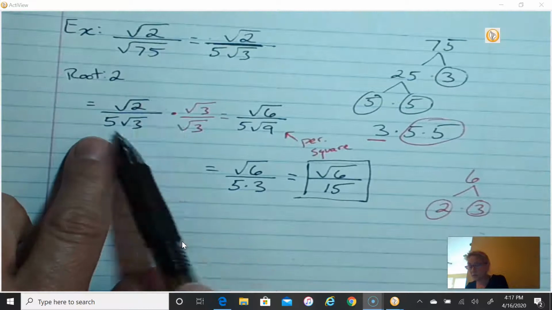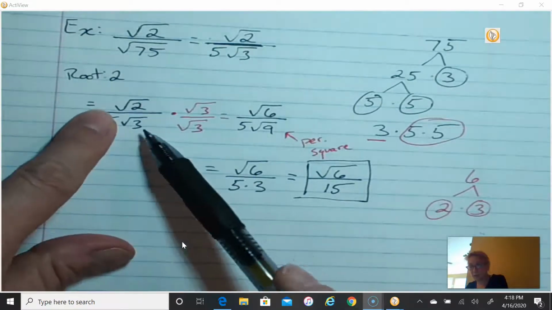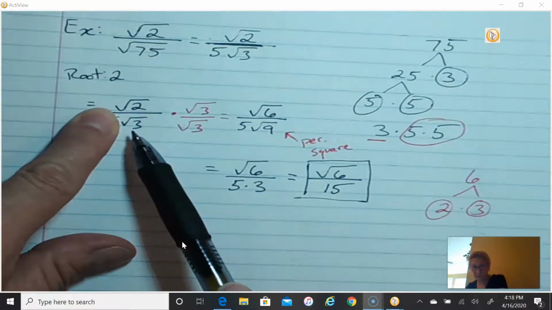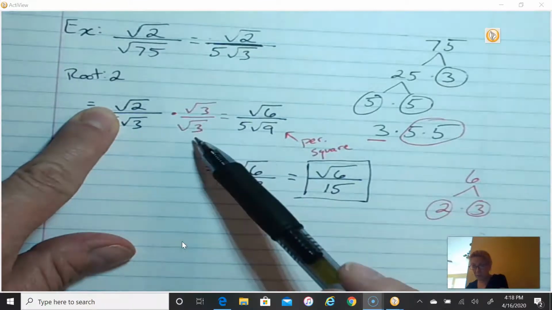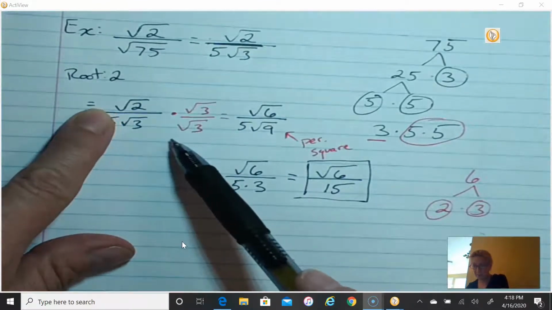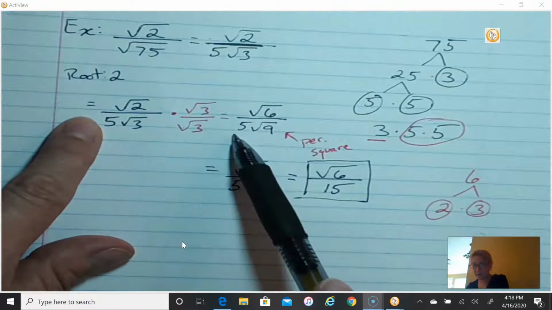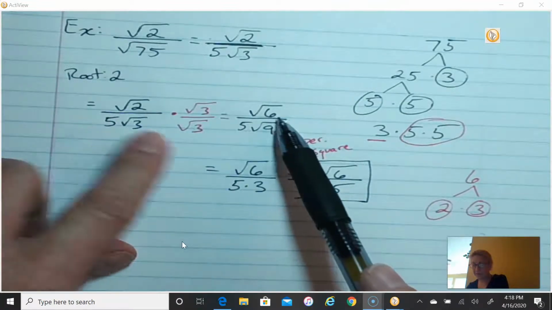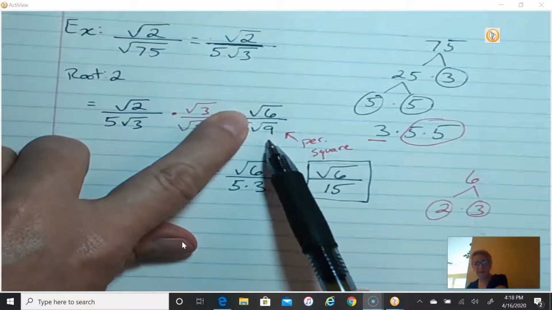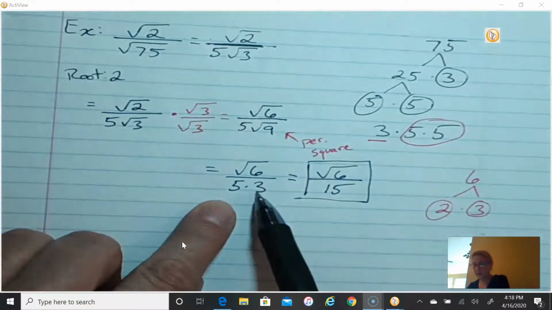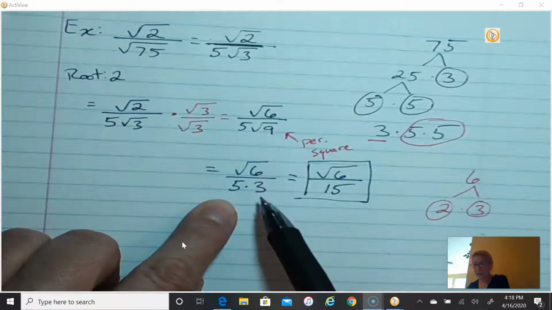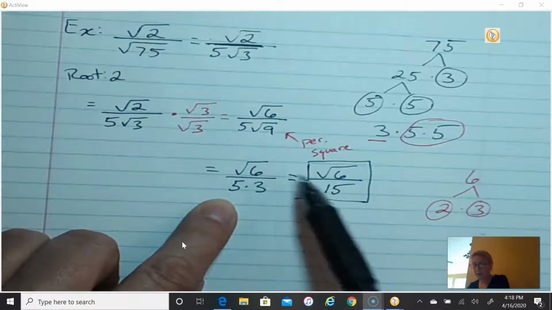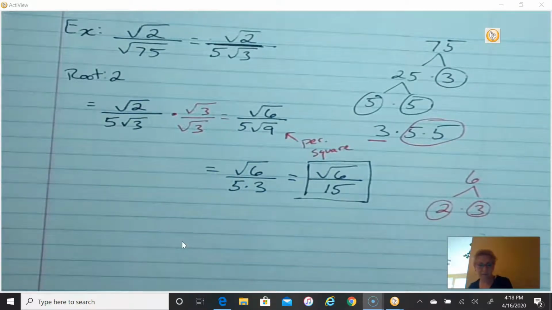So then I rewrote it, and we just want to get rid of that square root of 3, so I multiply top and bottom with that. I bring over the 5. 3 times 3 is 9. 2 times 3 is 6. That 9 is a perfect square. So see, 5 times 3, because the square root of 9 is 3. I get 15, and that 6 we can't do anything with.